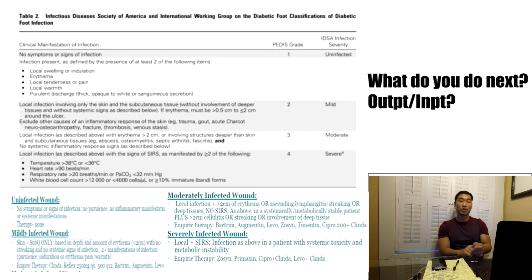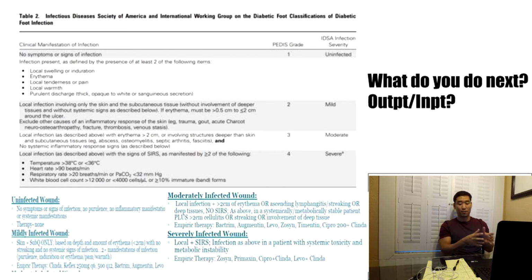And also the social history of a patient can dictate whether or not a patient could be admitted. If a patient is unable to offload because of the social history, say, for example, if the patient has to work or is residing in a terrible environment, then you can admit the patient.